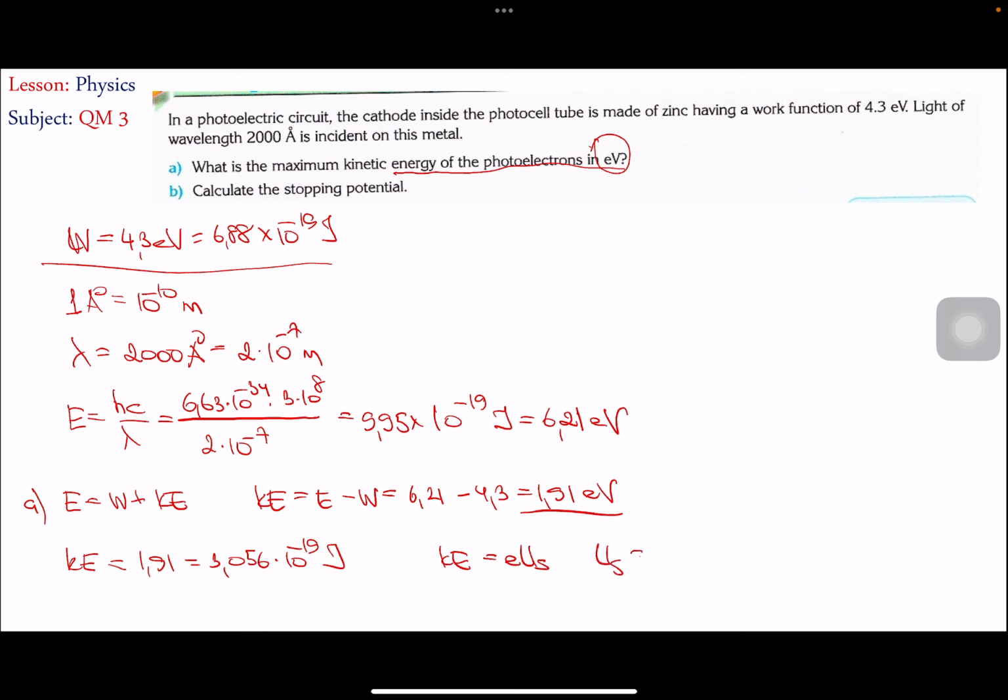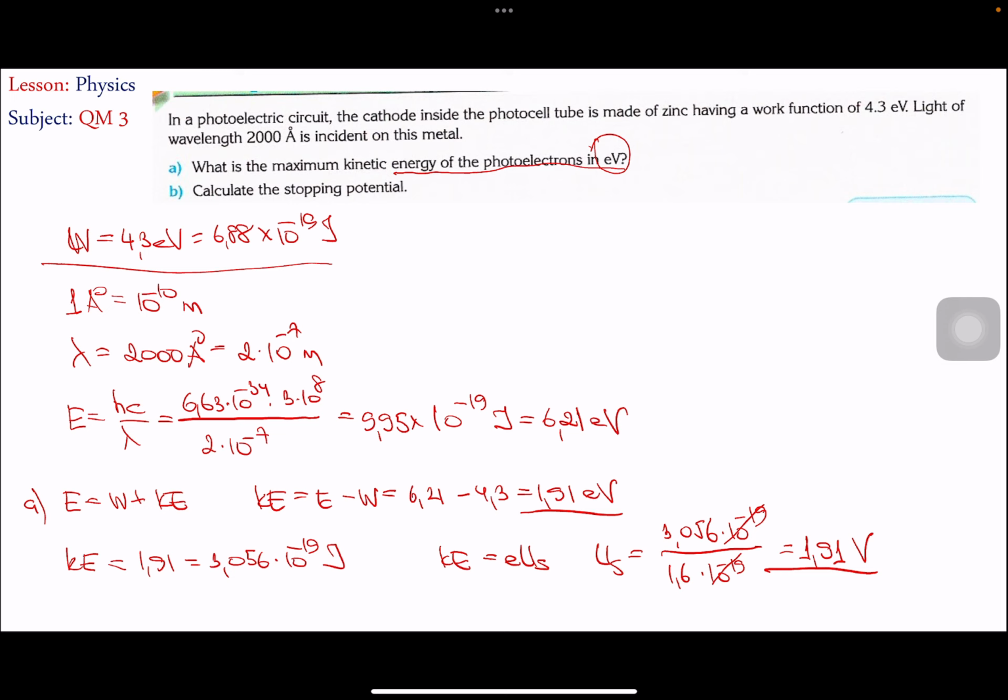So my stopping potential will be equal to kinetic energy, 3.056 times 10 to the power of minus 19, divided by the charge of electron, that's 1.6 times 10 to the power of minus 19. So you see here the powers are already cancelled, so 3.056 divided by 1.6 gives 1.91 volts. So the stopping potential will be equal to 1.91.